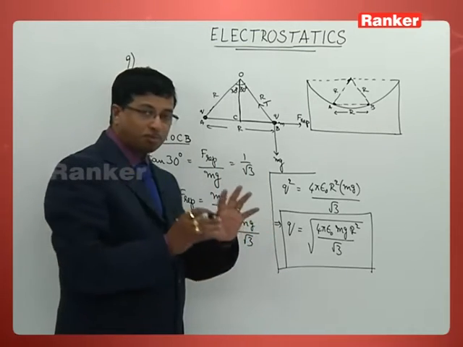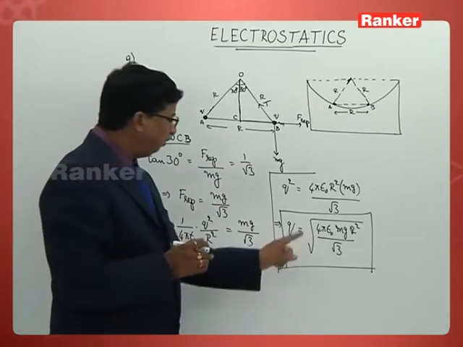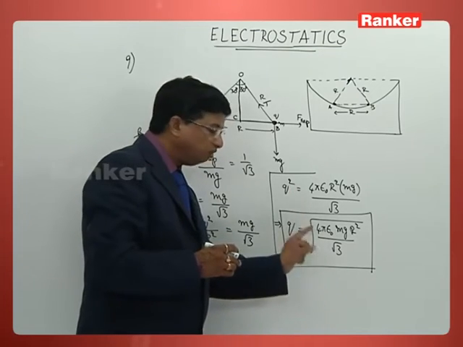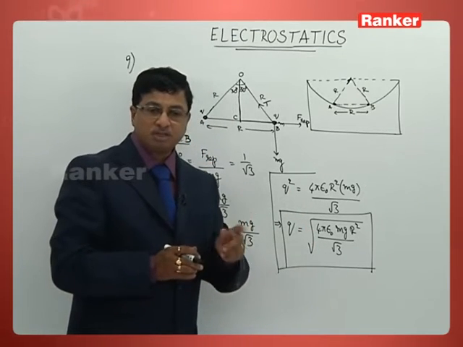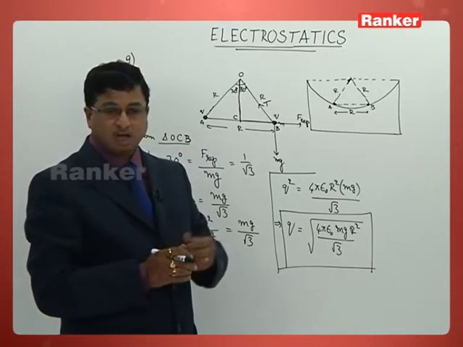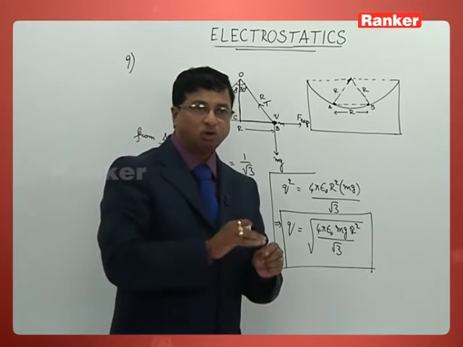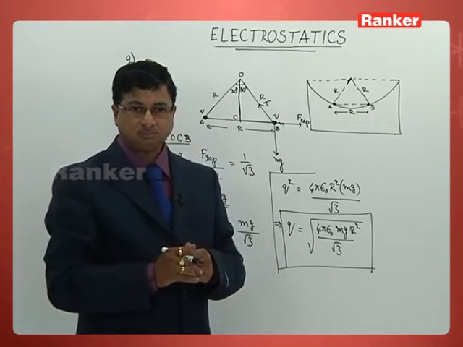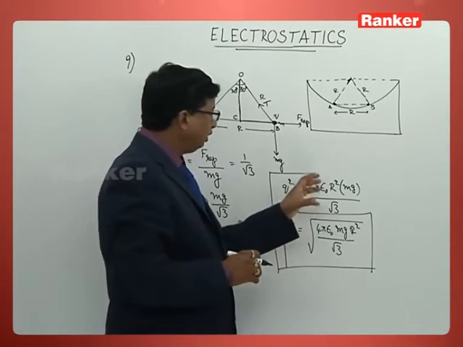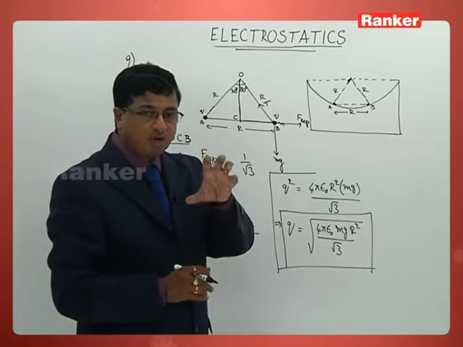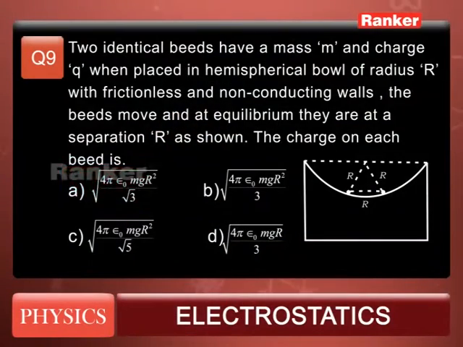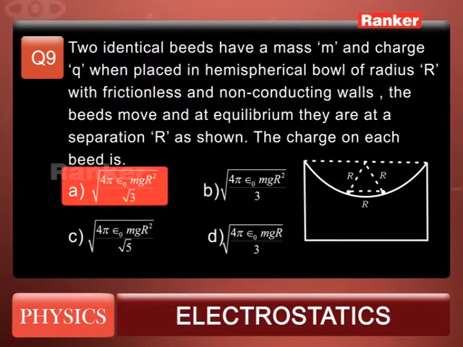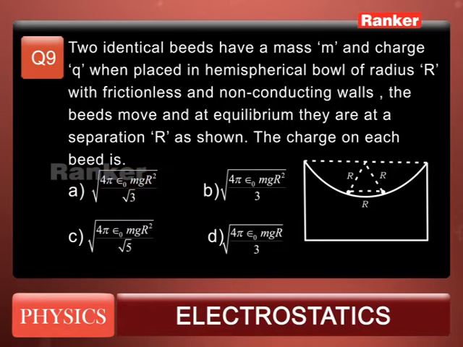And what are the options given? You look at the very first option is coinciding with this, 4 pi epsilon naught mg R square by root 3 whole under root. This is in coincidence with the very first option given there. Therefore, answer for this particular question now will be A as such.